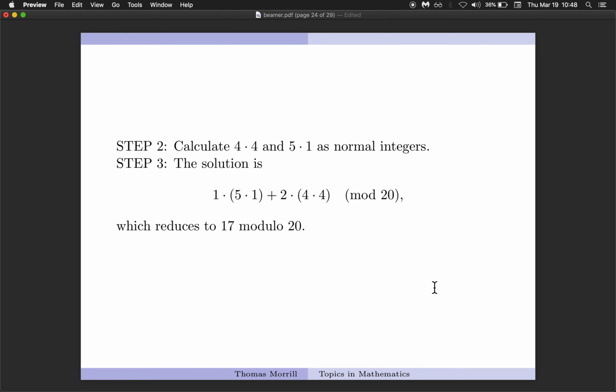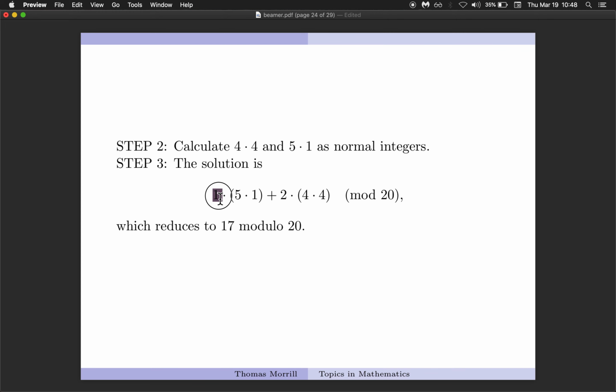Step 2, I want to calculate 4 times its inverse and 5 times its inverse just as normal integers, so not using modular arithmetic. So I'll say I've got 16 corresponding to the modulus 4 and 5 corresponding to the modulus 5. And step 3, I can put everything together.